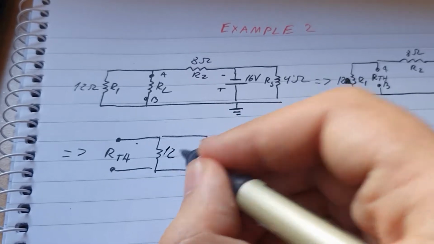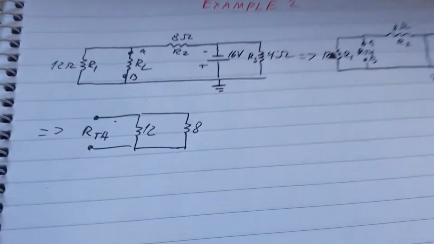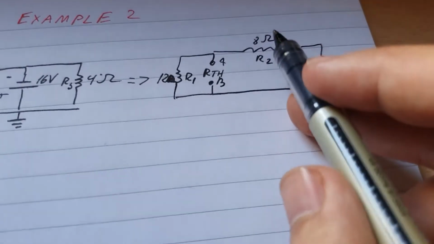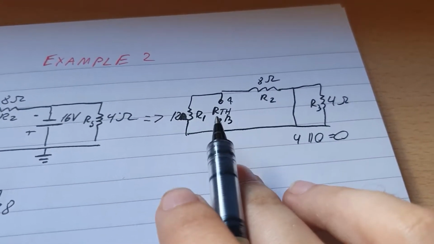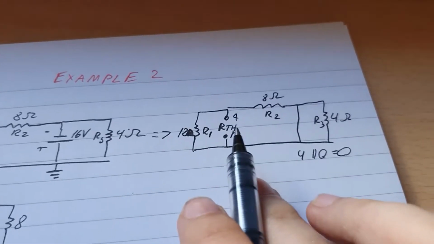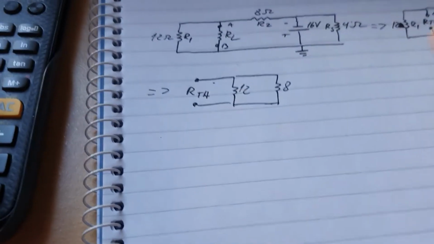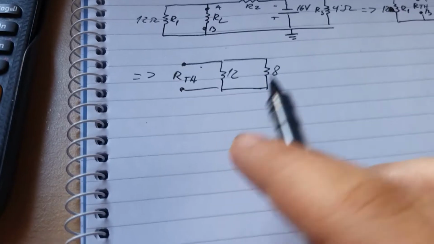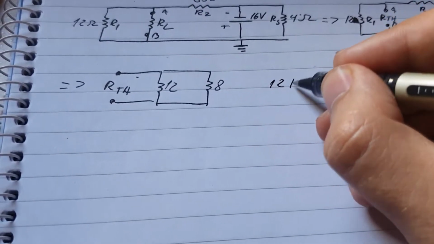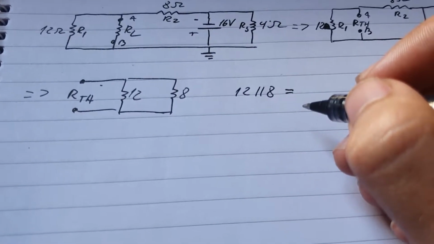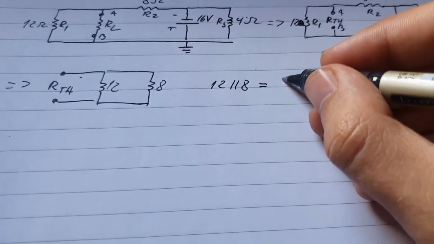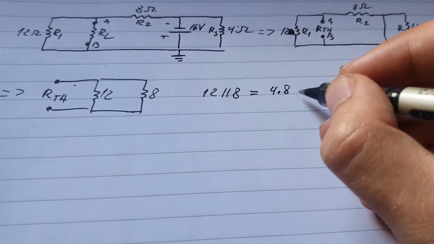That makes it easier to visualize, because even though they are in parallel in different sections, even though they have RTH in the middle of them, all three of them are still parallel to each other. So we can rewrite it and make it a lot simpler, because now we can just do 12 parallel with 8, and that will be equal to, wait a second, because I have the answers here. There you go, 4.8 ohms.